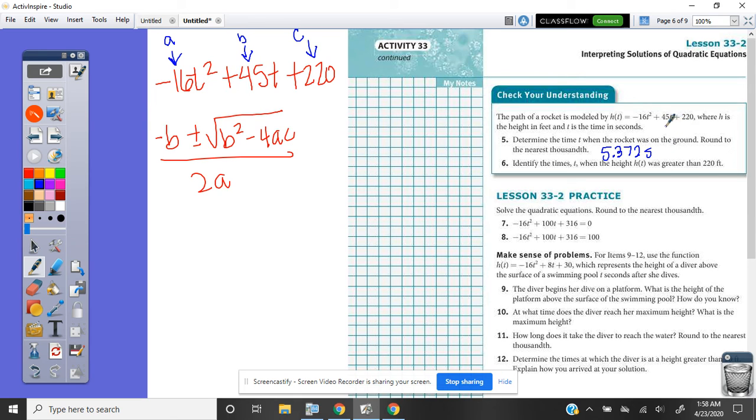Okay, when is it greater than 220 feet? So I'm going to set it equal to 220. When I subtract the 220, that just goes to 0.